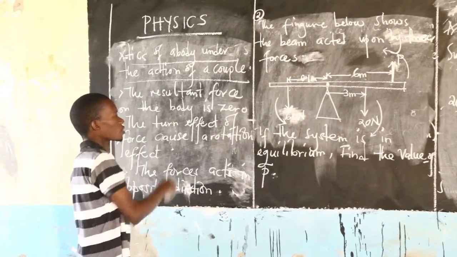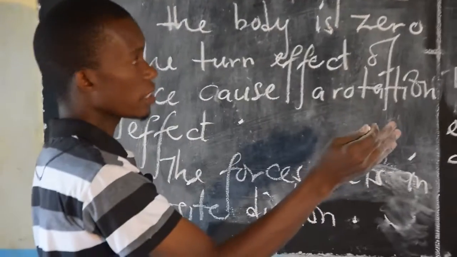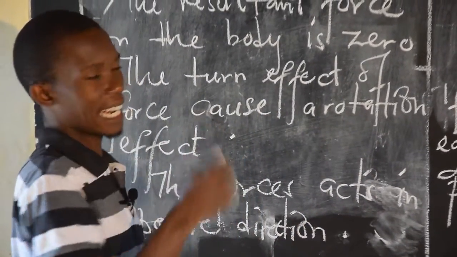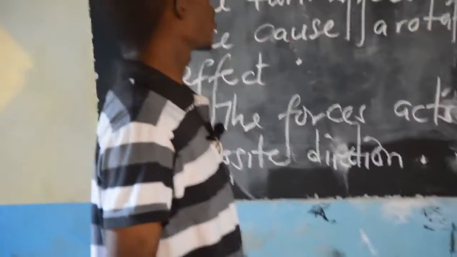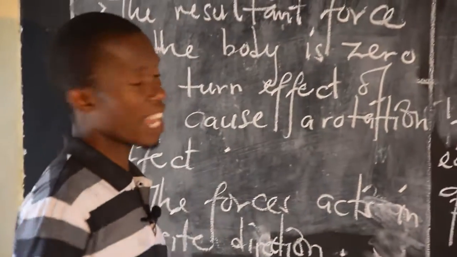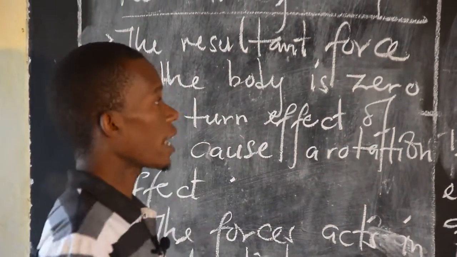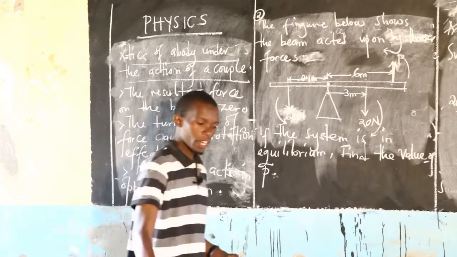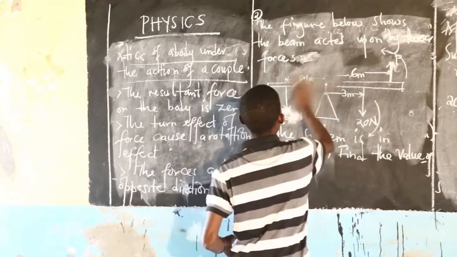So you should get to know the definition, the sum of the characteristics of the effect of a body when it is under the tension of a couple. We are going to talk about also some of the applications.